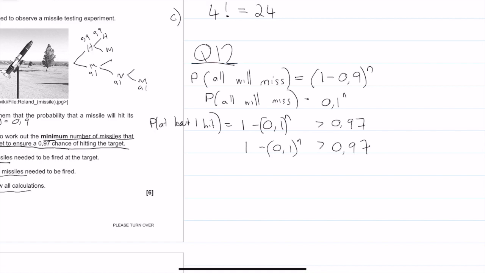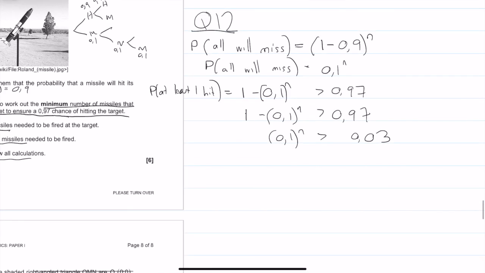We take this 1 to the other side, and we have minus 0.1 to the power of n must be greater than minus 0.03. The minuses cancel, so we can just take those out. So now we have 0.1 to the power of n, and we can now log this.